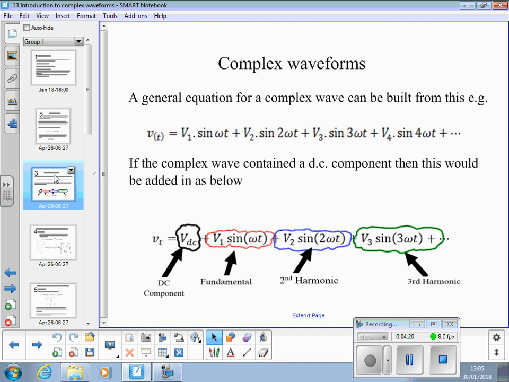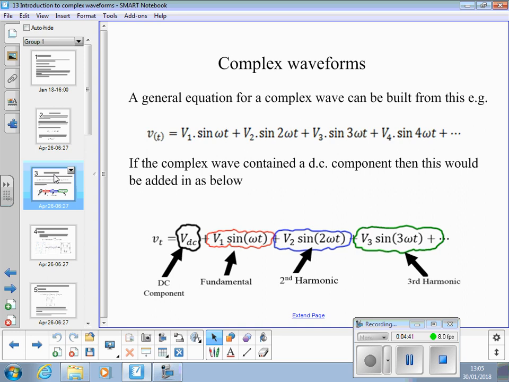So a general equation for a complex wave can be along these lines. v(t) is equal to V1 sin(omega t), that would be the fundamental, plus V2 sin(2 omega t), a different amplitude.